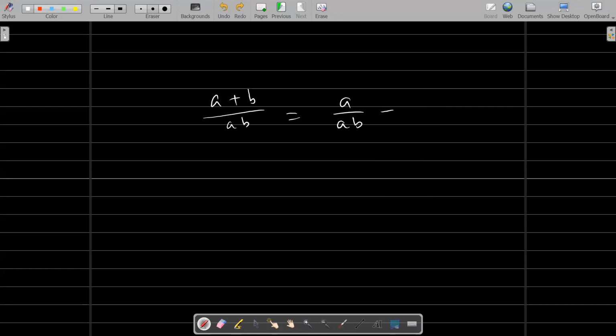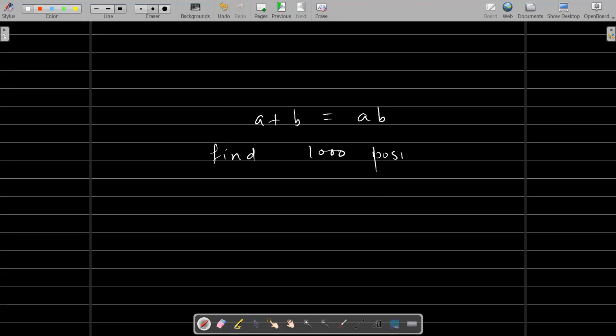Just based on this idea, this puzzle, in this case what we did was A plus B, we wanted it to be equal to AB, right? So based on this idea, let me give a little more challenging question or puzzle. Find 1000 positive integers whose sum equals their product.